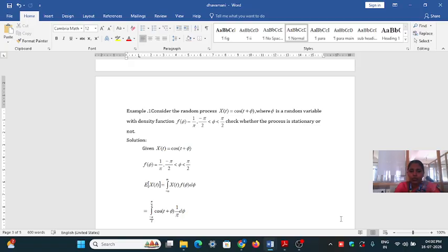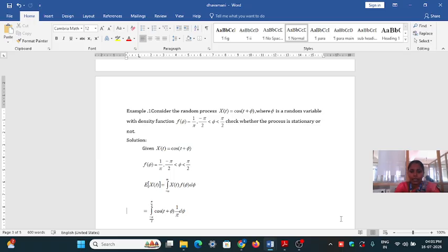Already we know the definition of a stationary process. What is meant by stationary process? Expectation of X(t) equals a constant and variance of X(t) equals a constant. Constant means that the process is called a stationary process. What is given in this problem? X(t) equals cos(t + pi), f(pi) equals 1 by pi, limits minus pi by 2 to pi by 2.